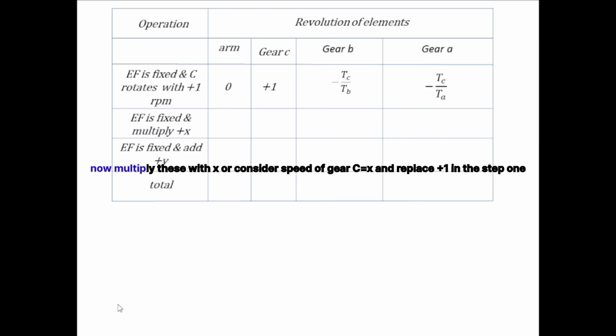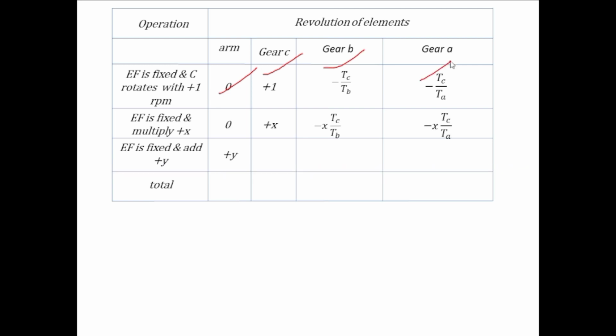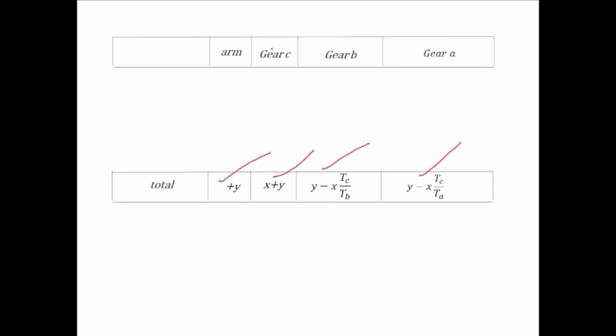Now what you will have to do is to multiply these with x, you will get this equation, and after that to each element you will have to add plus y. So you will get for the arm plus y, and for the gear C you will get x plus y, and for the gear B you will get y minus x into TC by TB, and for the gear A you will get y minus x TC by TA. These are the speeds of their respective element.